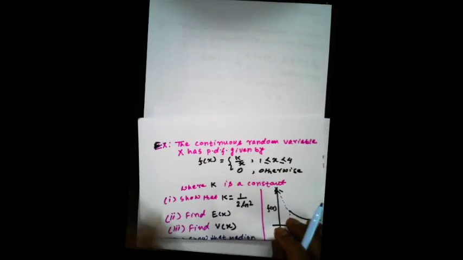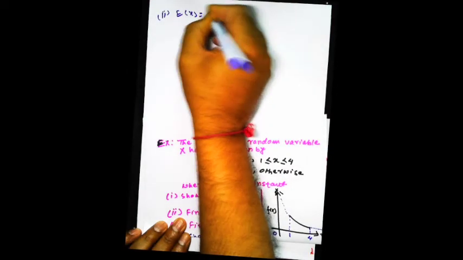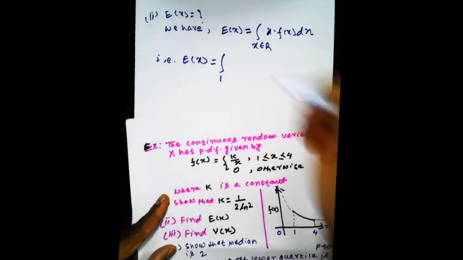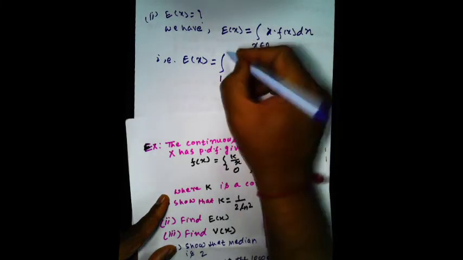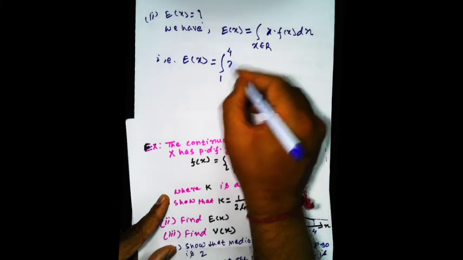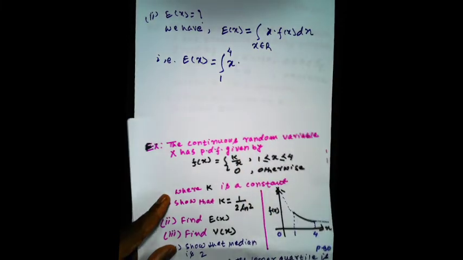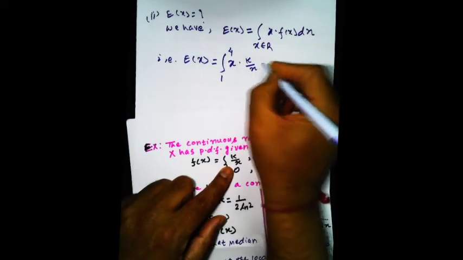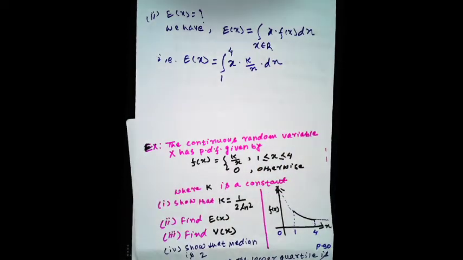Okay, in the next part of this example, part 2 says that you have to find E(X). That means you have to find the expectation of X. Take the range of values of x from 1 to 4, and f(x) is k by x, and then we write dx, so it's easy now.